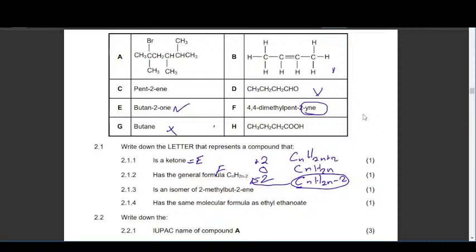Isomer of 2-methylbutene. This is the alkene, so it could be this or this. But now, how many carbon atoms are here? 2-methyl. Meth is 1 carbon atom, but is 4.